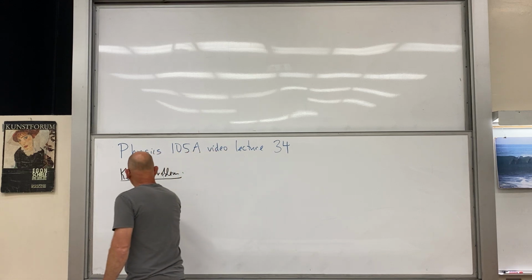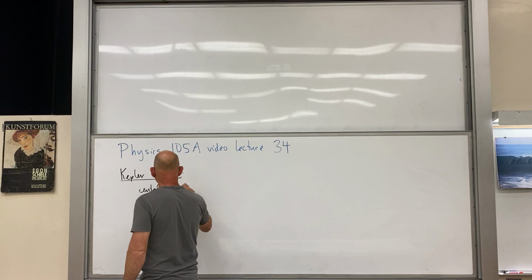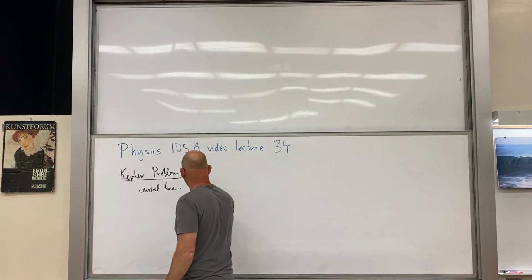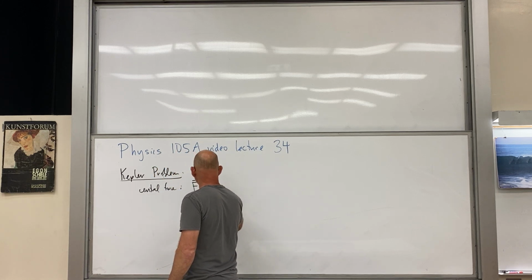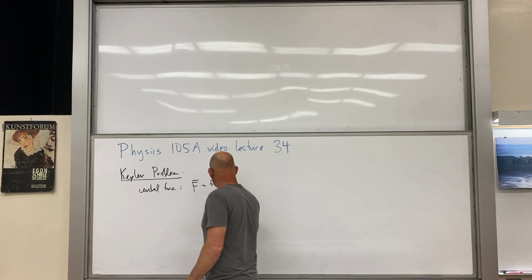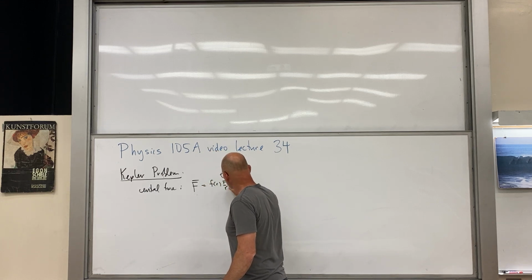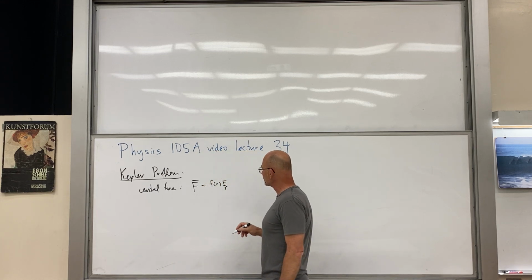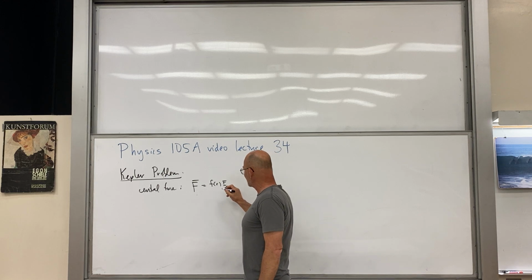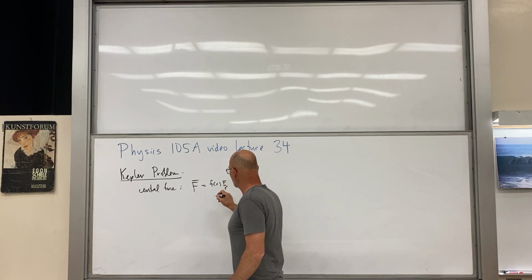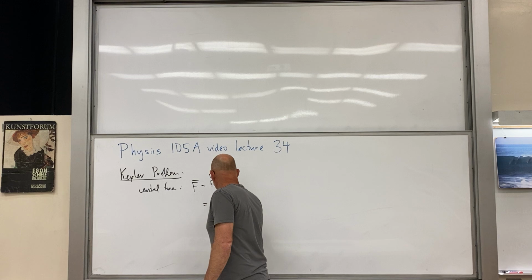So we had a central force, F equals a function of the radius vector times the unit vector. And in our case, we had minus alpha over r squared.